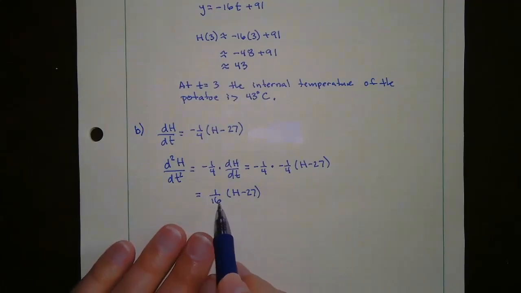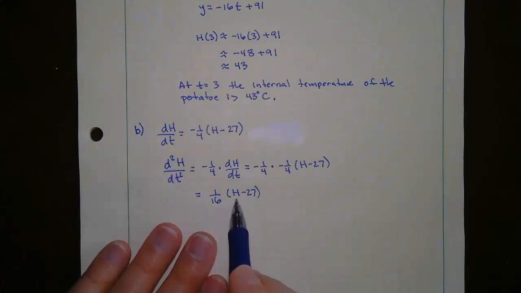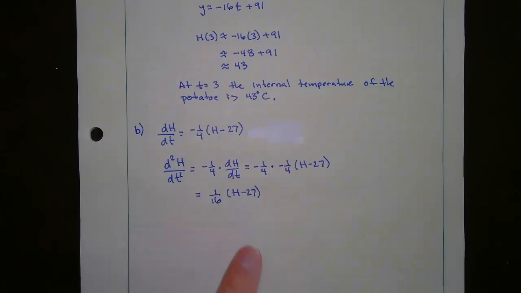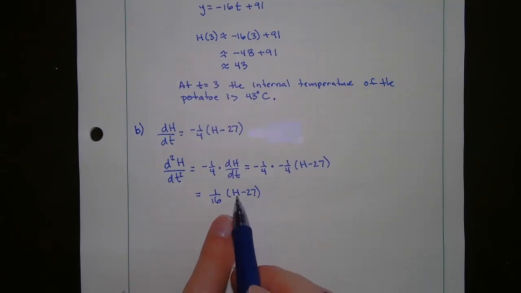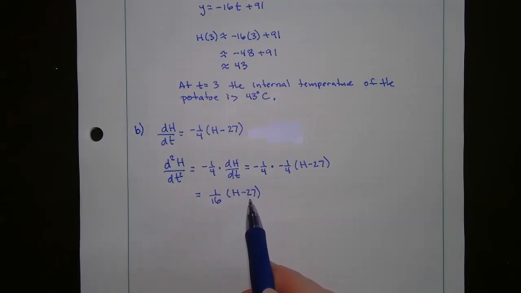We can determine the concavity, but the concavity is determined on h, right? It depends on what h is. If h is bigger than this 27, this is always going to be positive, and then this is going to be positive because 1/16 is positive, right? But if h is under 27, then we know that it's going to be negative, right? So what was it at 3, right?